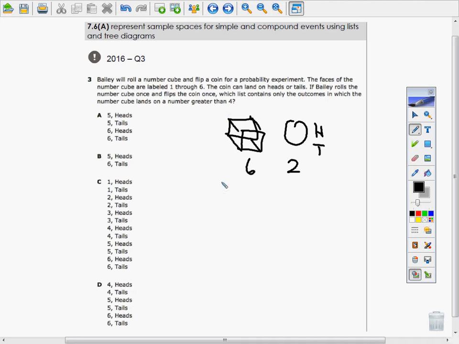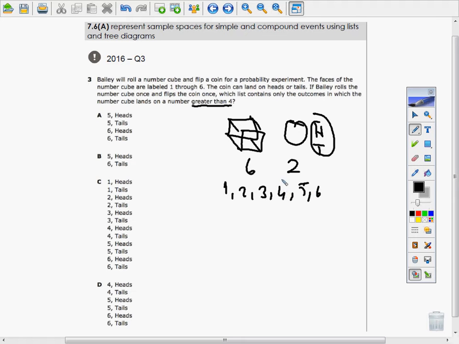On a die, we will have 1 through 3, 4, 5, and 6. The question is asking for a number greater than 4, along with all the events related to flipping a coin, which is heads and tails. We call it a compound event.